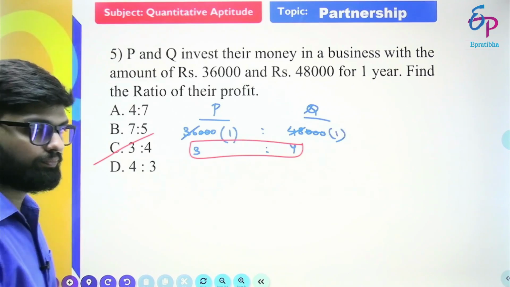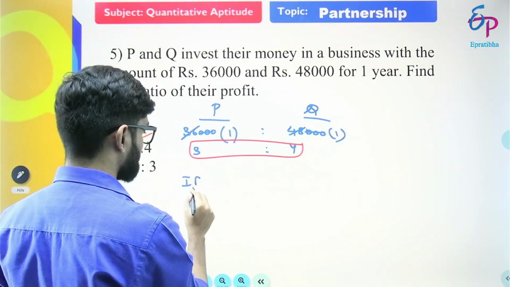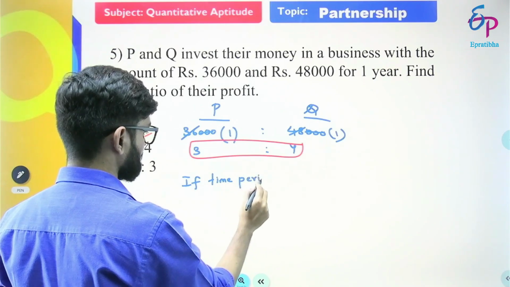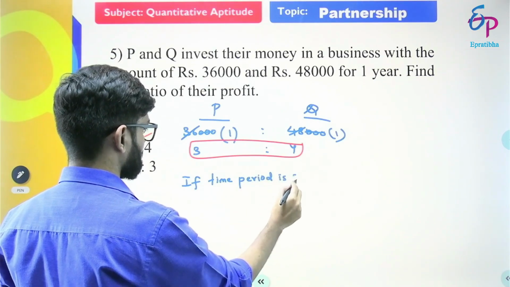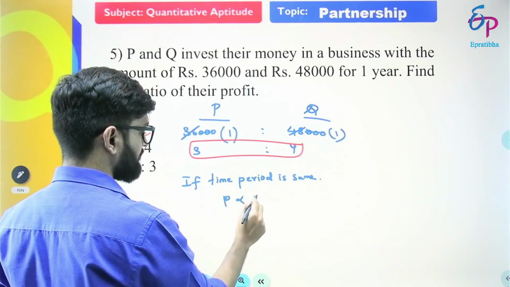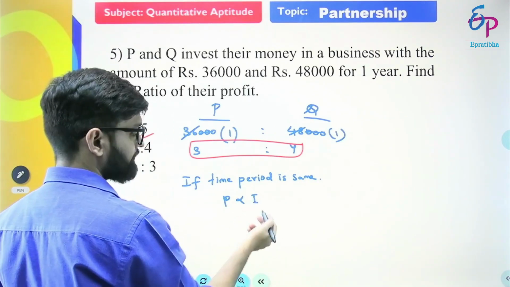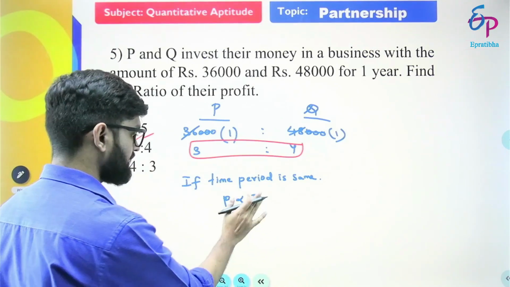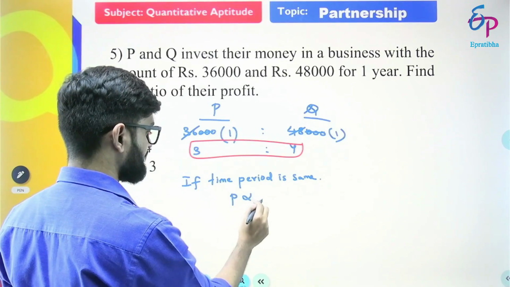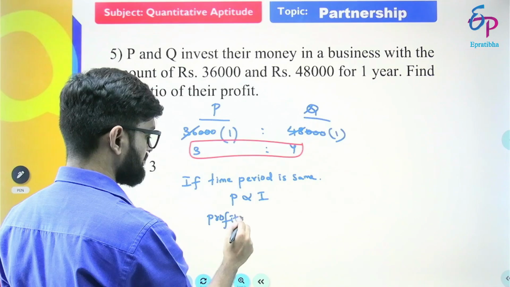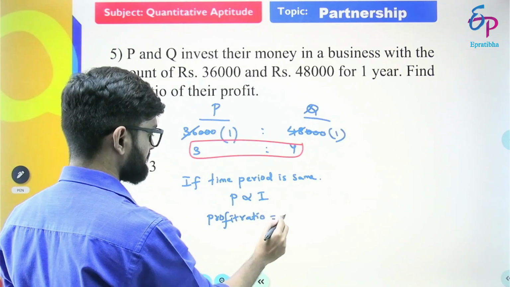So if the time period is the same, you have to check only the investment ratio. Profit is directly proportional to investment. Profit ratio is equal to investment ratio.